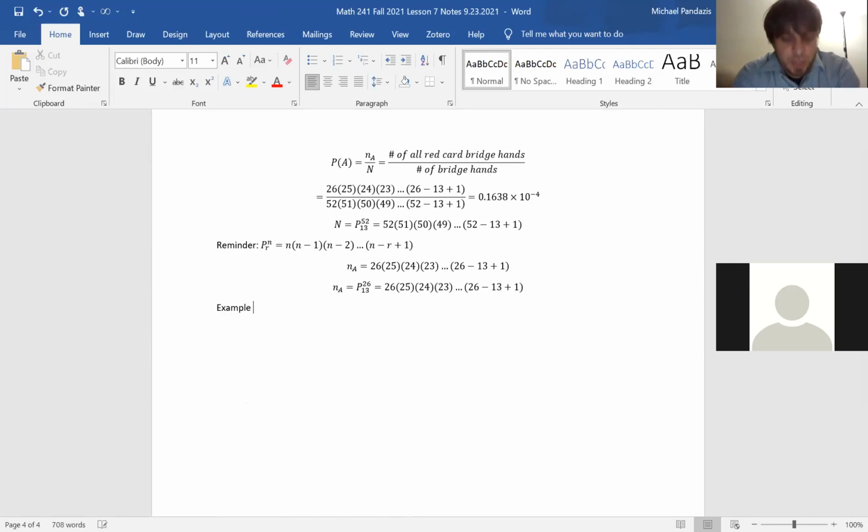Okay, so the next example is example 2.11. So if 4 dice are rolled, what is the probability of obtaining a different value on each of the dice?